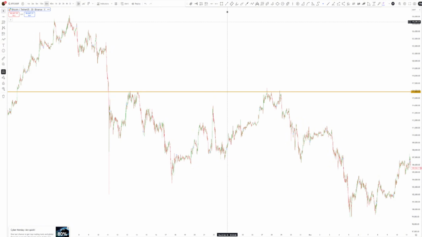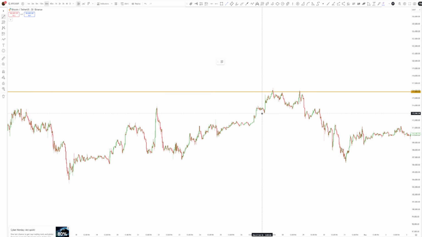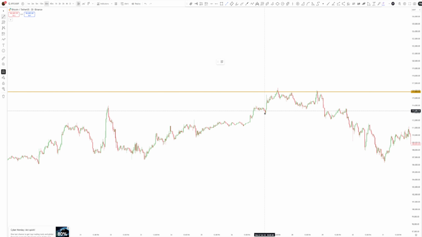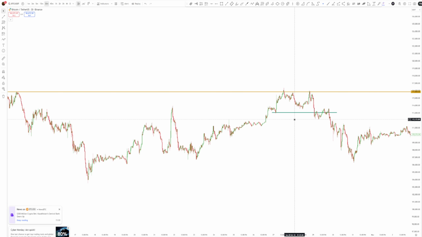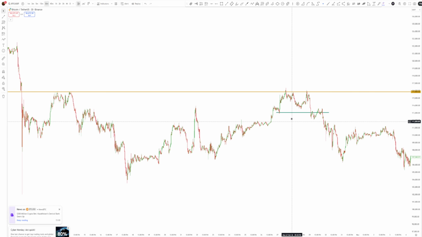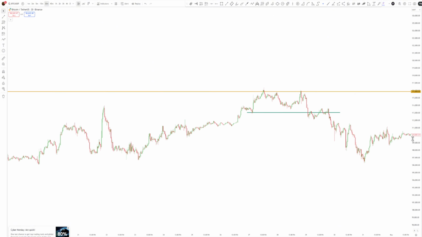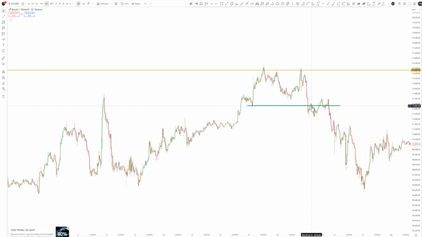So some people might draw this as a support, so let's draw this as our support. Okay, let's draw this, and you can see these have now become a support. So many have taken entry here when price came again inside the support and thought it was a false breakout.